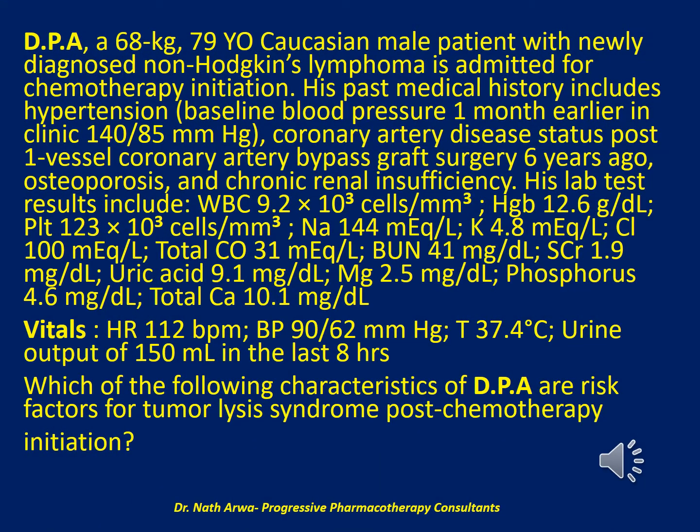And the next question reads, DPA, a 68 kg, 79-year-old Caucasian male patient with newly diagnosed non-Hodgkin's lymphoma is admitted for chemotherapy initiation. His past medical history includes hypertension, baseline blood pressure 1 month earlier in clinic 140 systolic 85 diastolic, coronary artery disease status post 1 vessel coronary artery bypass graft surgery 6 years ago, osteoporosis, and chronic renal insufficiency.